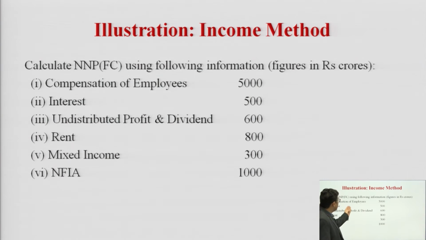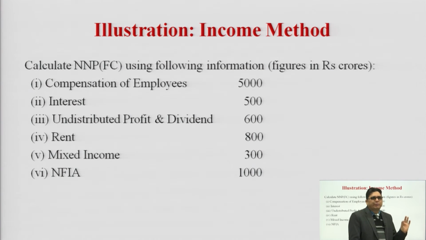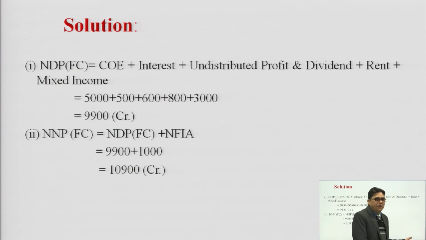So, compensation of employees is 5,000, interest is 500, undistributed profit and dividend is 600, rent is 800, mixed income is 300, and NFIA is 1000. It is simple; we just put in the formula I shared in the earlier slide.